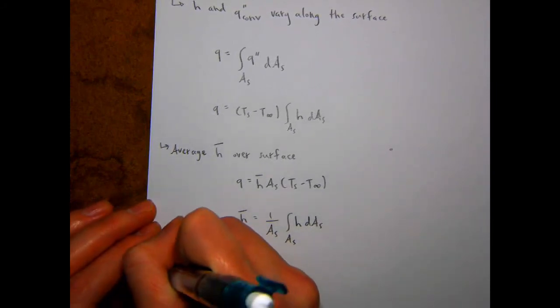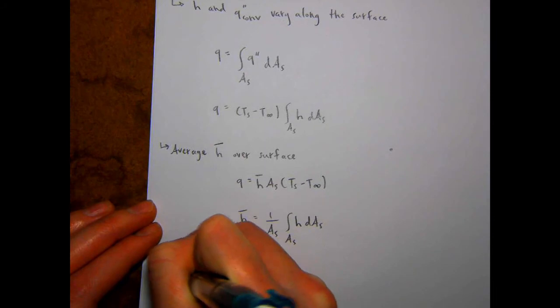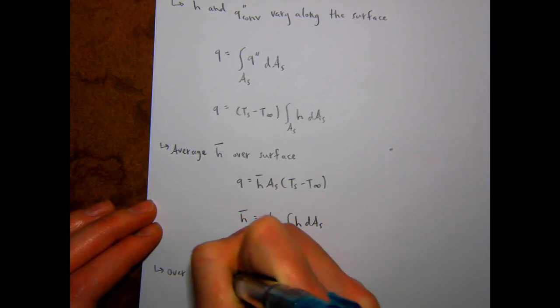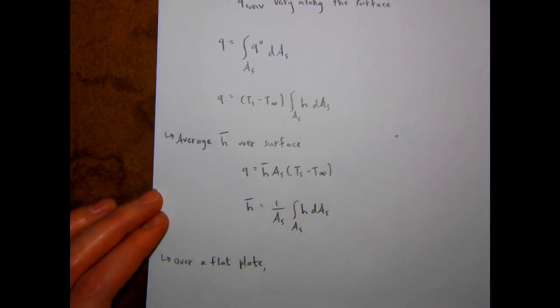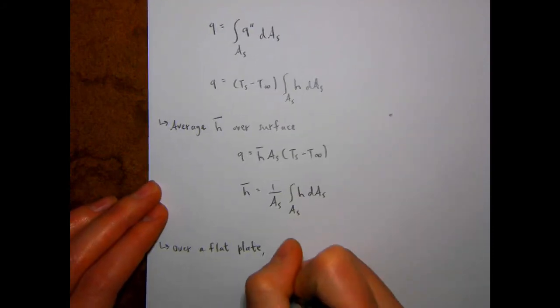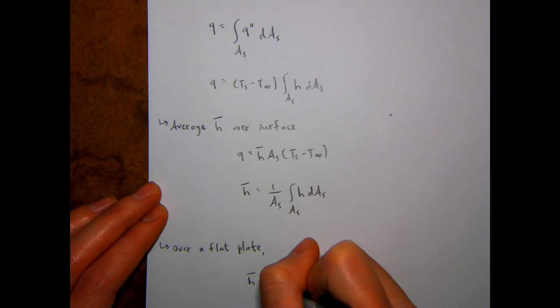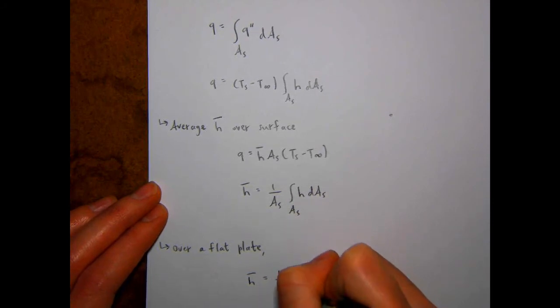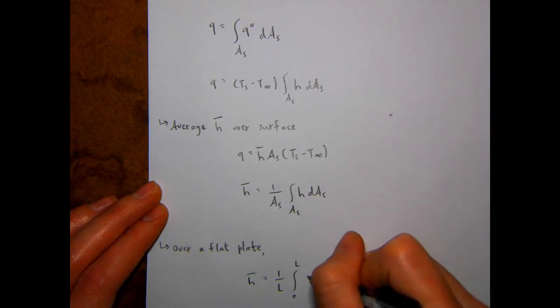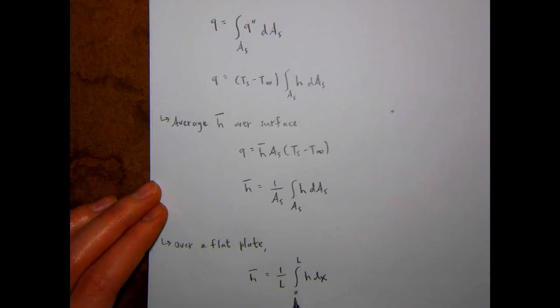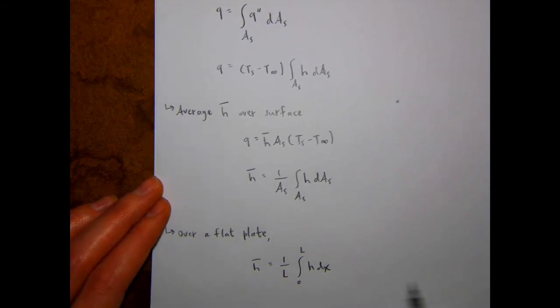Okay, so over a flat plate, we know that h just varies with x, right? So for flow over a flat plate, this is a little simpler. We can just integrate h over the length in the x direction that we're considering, and then divide by that length.